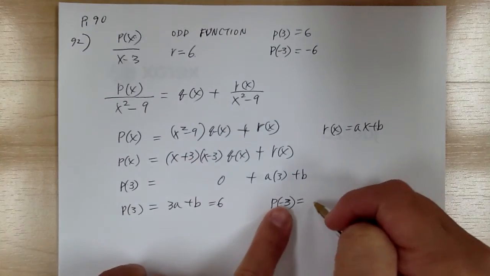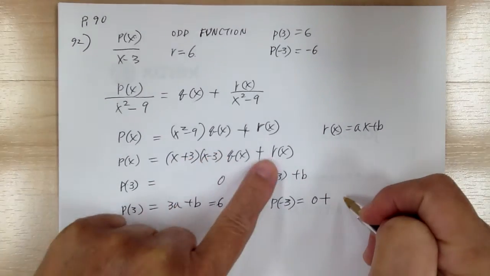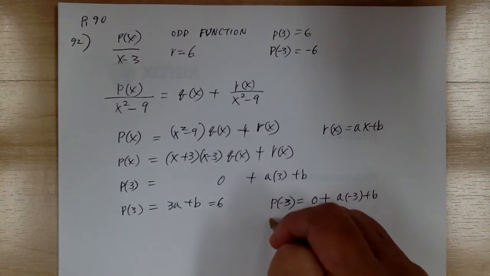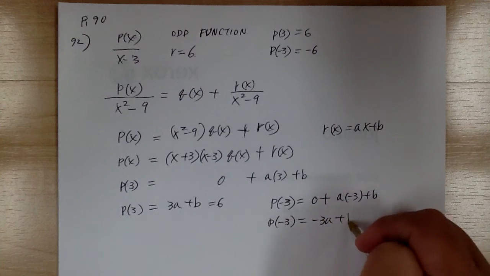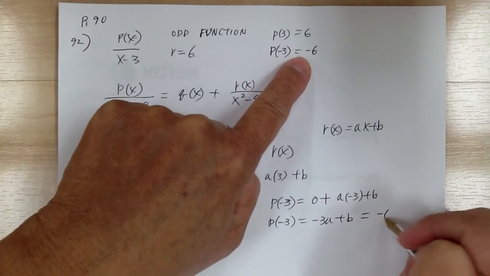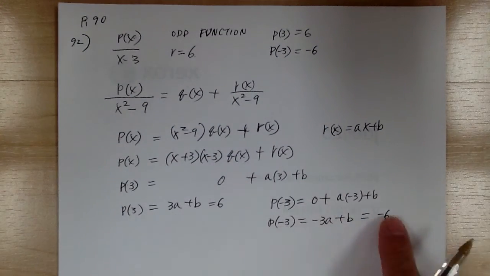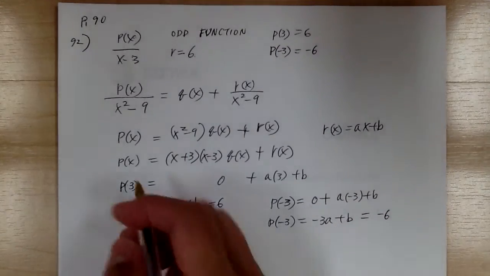So it becomes 0 plus a times negative 3 plus b. So p of negative 3 equals negative 3a plus b, and this equals negative 6 because it's an odd function. When you substitute a negative, you get a negative answer. Now we're going to put this equation down here.